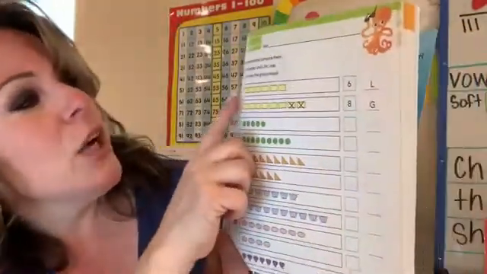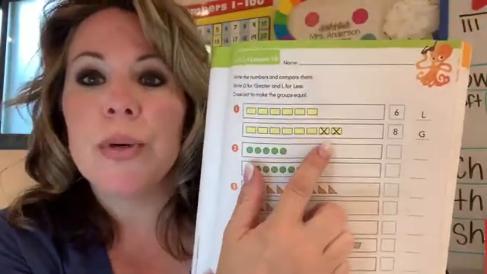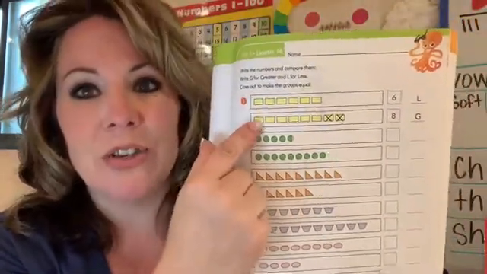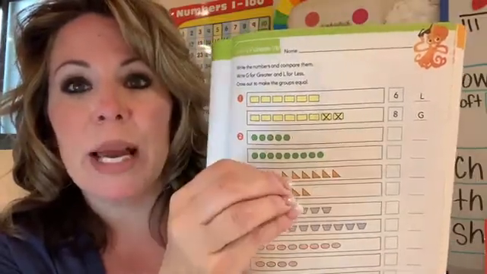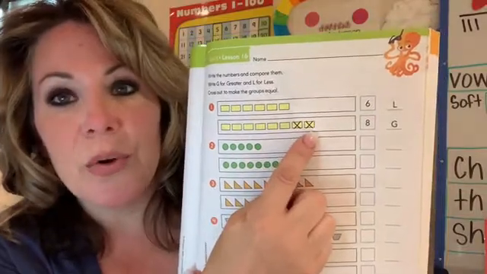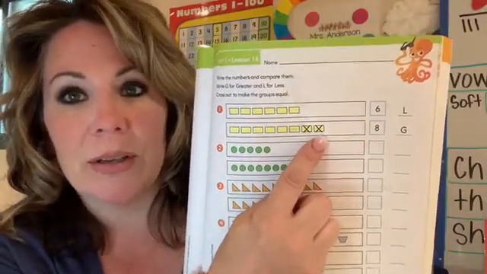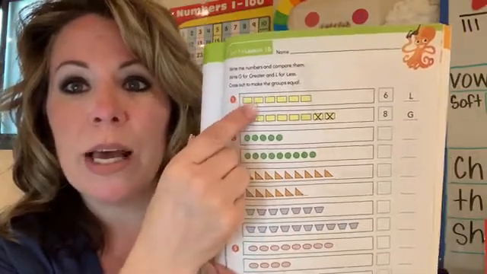Then it says, cross out to make the groups equal. So you can see here, we did this yesterday where we were making shapes the same and we had to create them. What I want you to do is to cross out what's extra. So now we have one on top, one on bottom, one on top, one on bottom.